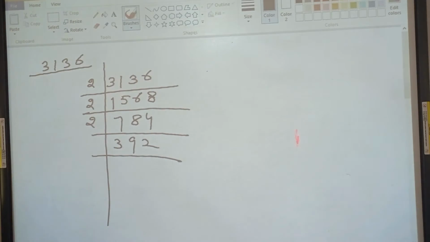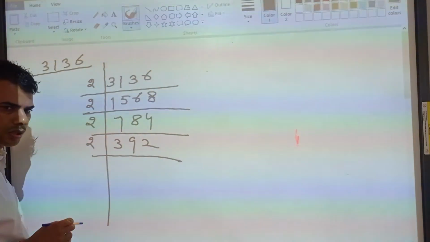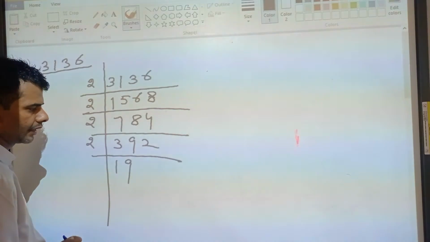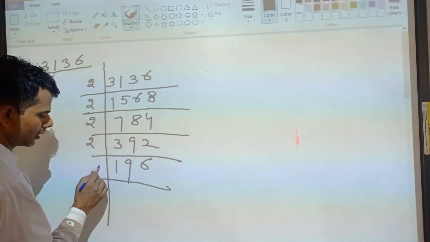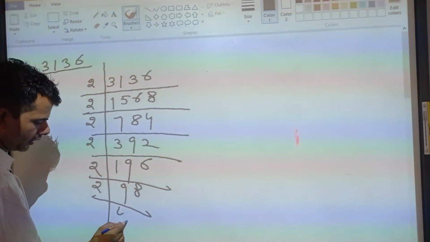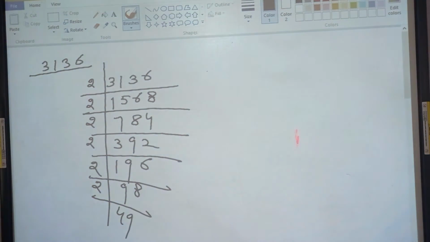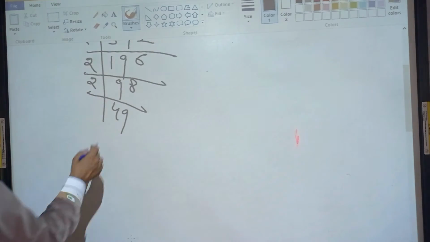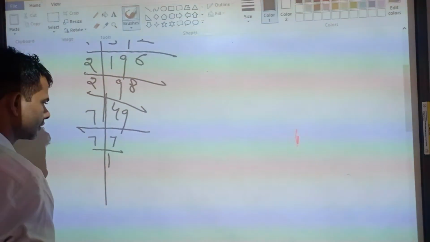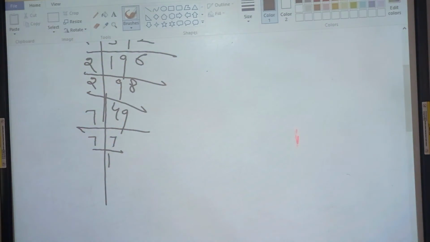Next, 2 1s are 2, 2 9s are 18, 2 6s are 12, 2 8s are 16. 7 7s are 49. Yes.